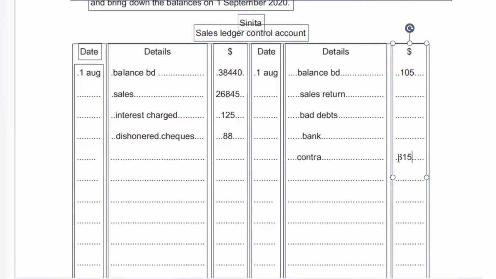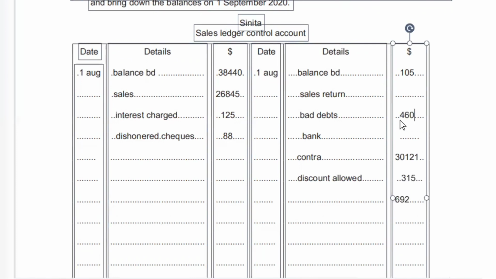Contra was 315. Bank was 30,121. I forgot to write discount allowed. Discount allowed was 692. We have bad debts that were 460.